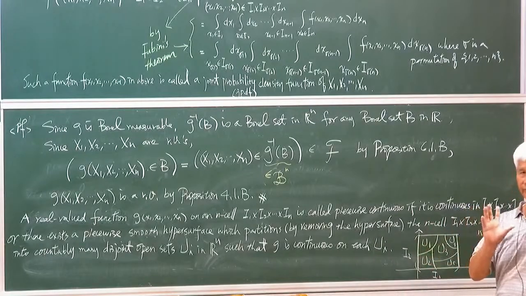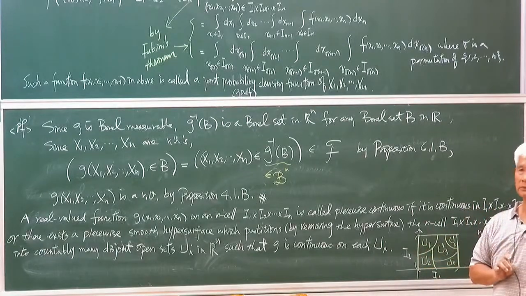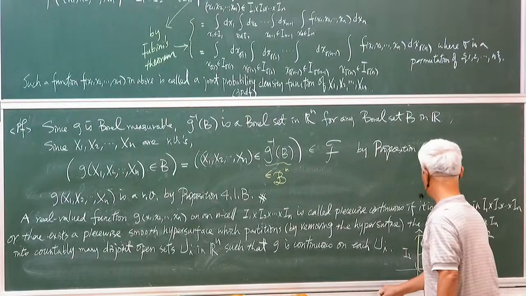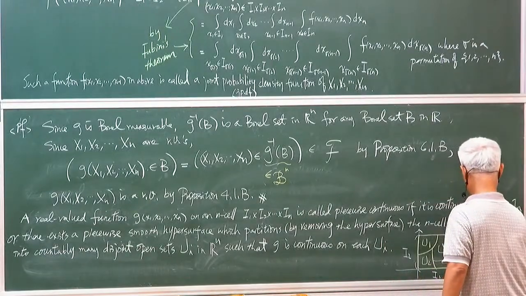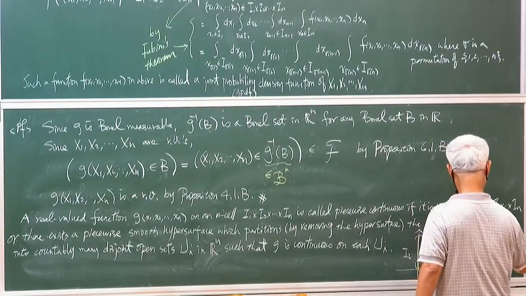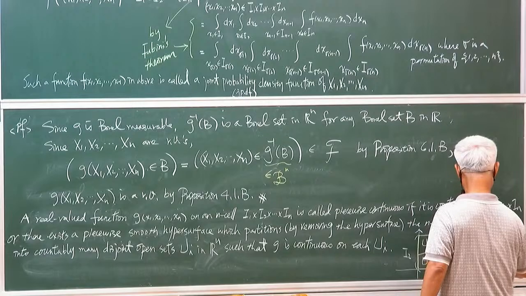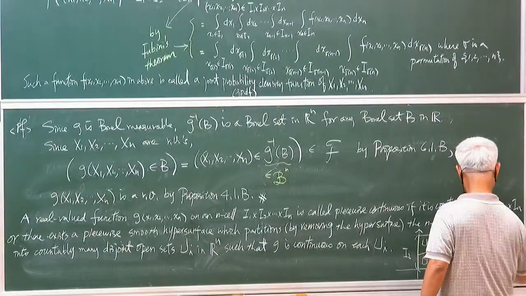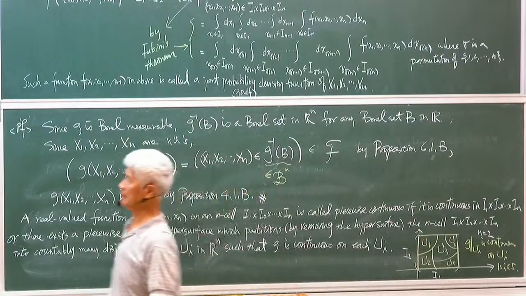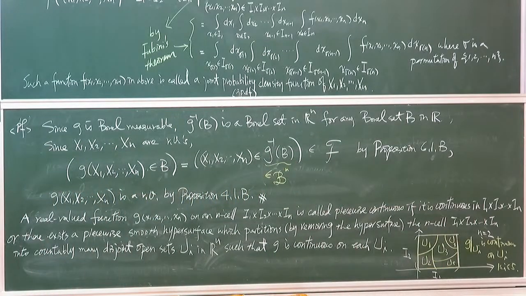So there are 5 disjoint open sets. And so G restricted to U sub I is continuous on U sub I. So it's called piecewise continuous.